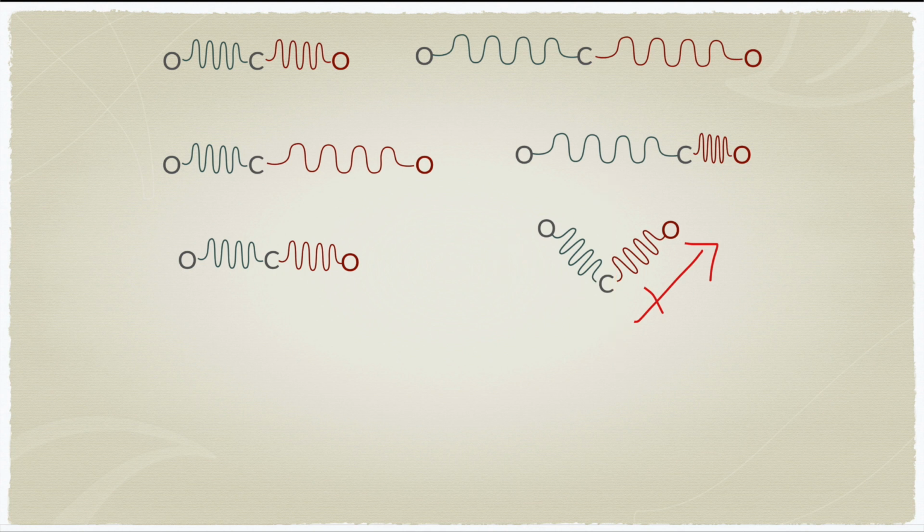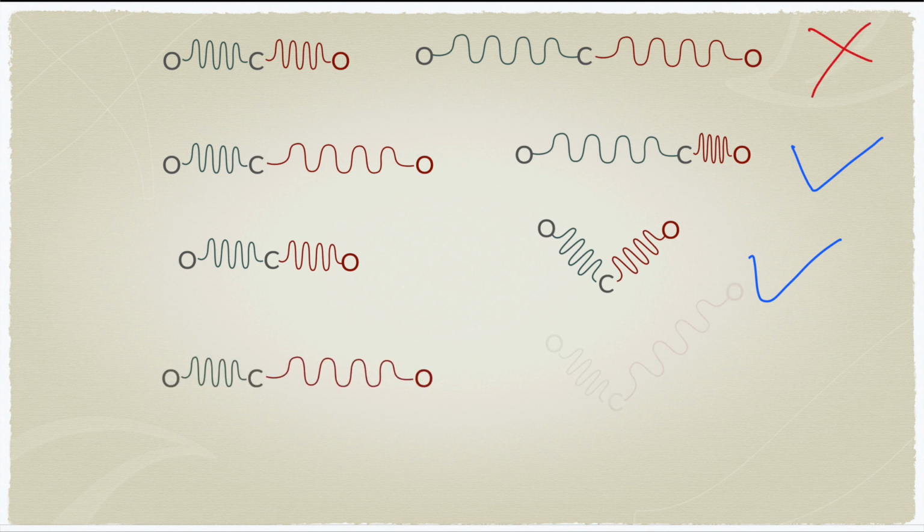So we go from zero dipole moment to some value of mu. So again this means we have a change in dipole moment. So this mode is IR active, this mode is IR active, and this is not IR active.